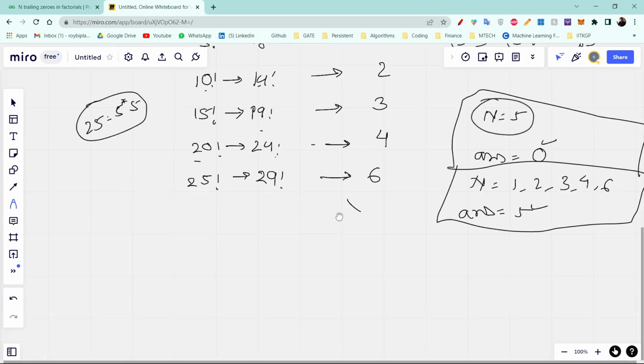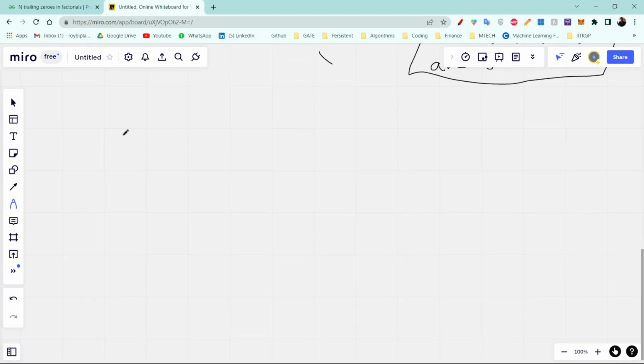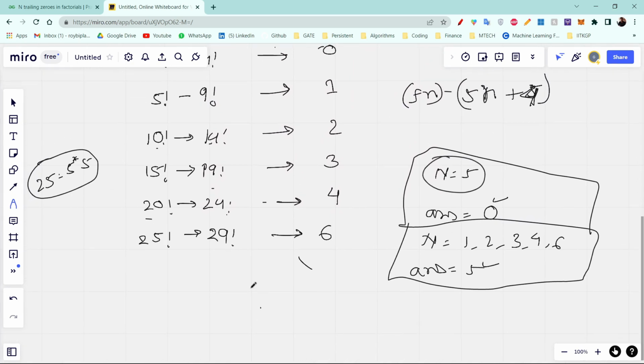So then again, how can we approach our question? Let's come here one more time. If n equals to given something, like let's say 5, we will start searching from 0, let's say 1, and we will go till 5 into n, because 5 into n can be a possible answer.